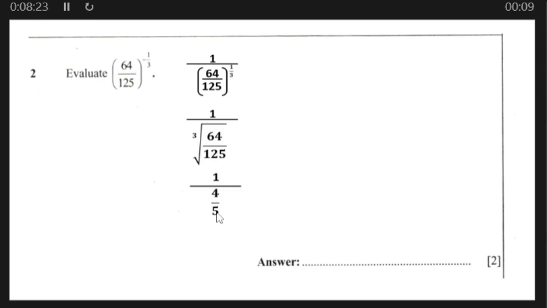All right, so from here, we are now going to write this expression like this, because 1 divided by 4 over 5 can be written as 1 divided by 4 over 5. Then from here, what we are going to do is to introduce a multiplication sign in place of the division sign.